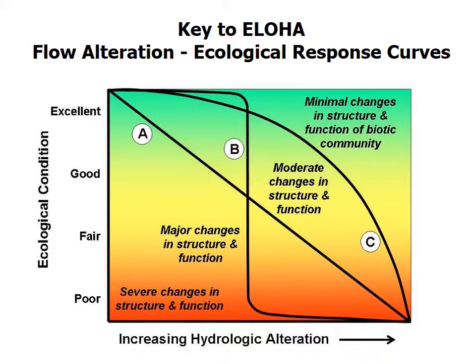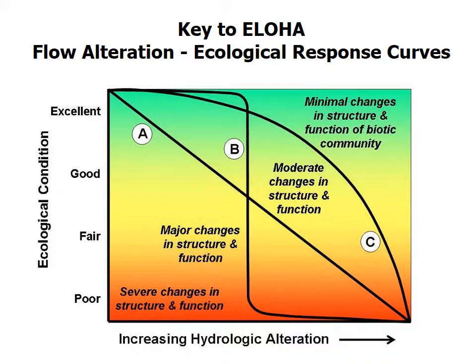So along the x-axis, we have here increasing hydrologic alteration, and on the y-axis, ecological condition, ranging from, at the top level, rivers that are in excellent condition through good, fair, to poor. And one can simply think about, as we increase hydrologic alteration, we have a lot of evidence to show that we can expect to have a decrease or a decline in ecological condition.